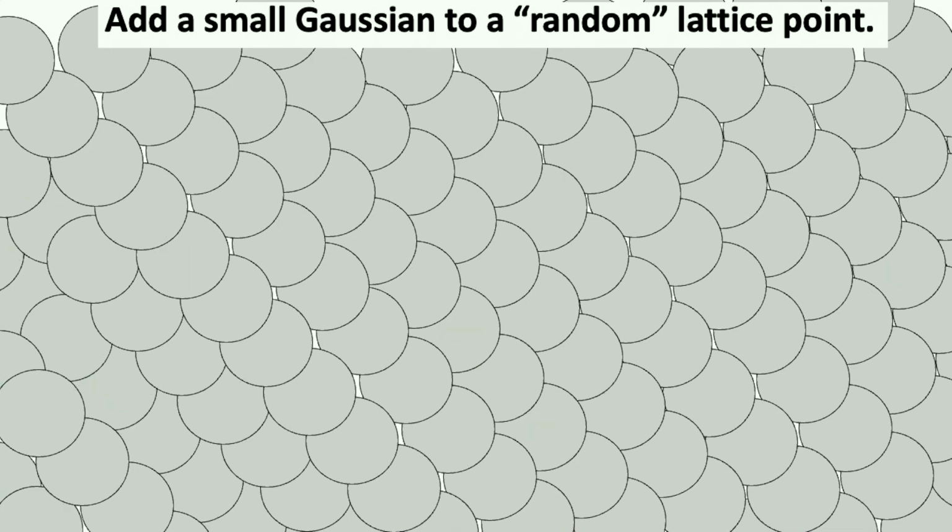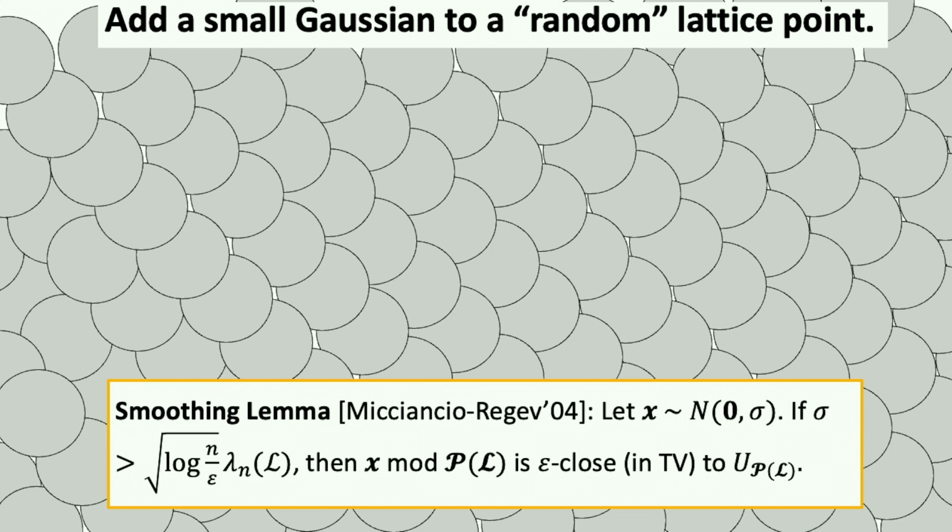In fact, this is actually formal. It's a smoothing lemma of Micciancio and Regev, which is a workhorse in lattice-based cryptography. Maybe it's not obvious what you expect. You take a random lattice point and add Gaussians. Start with a tiny Gaussian; that doesn't cover the space, obviously.